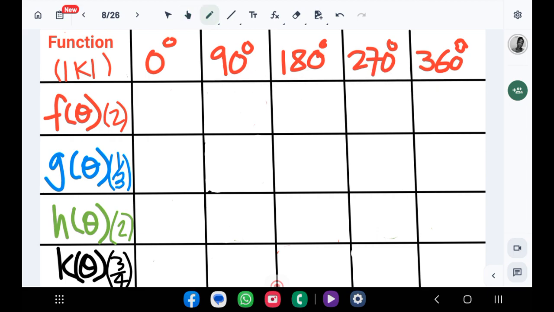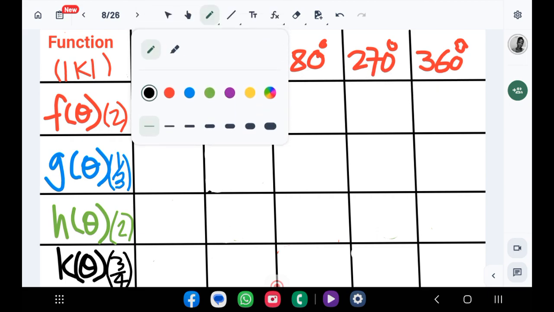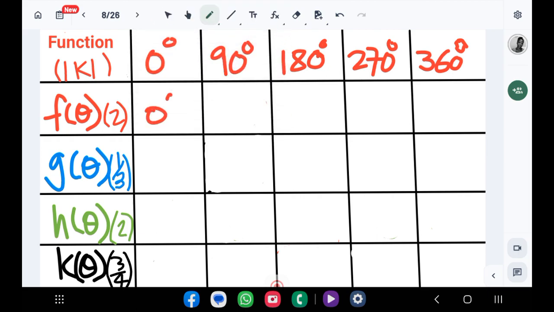So let's divide them. 0 divided by 2 is 0 degrees. 90 divided by 2 is 45 degrees, so it will have an x-intercept at 45 degrees. 180 degrees divided by 2 is 90 degrees, so we will have a minimum turning point at 90 degrees.